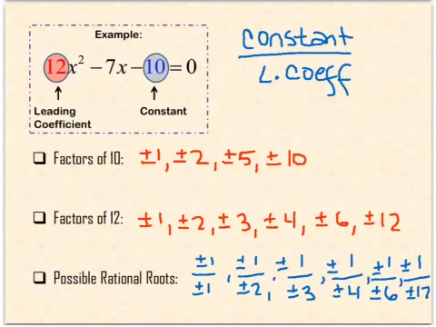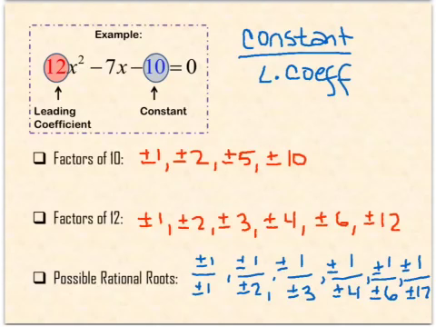So all I did there was take this plus or minus 1 and divide it by all of the factors of 12. Now, I'm not done, because now I need to do the exact same thing with plus or minus 2, the exact same thing with plus or minus 5, and the exact same thing with plus or minus 10.